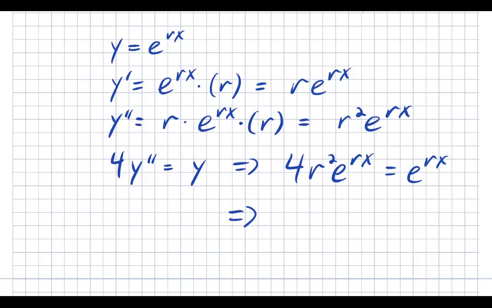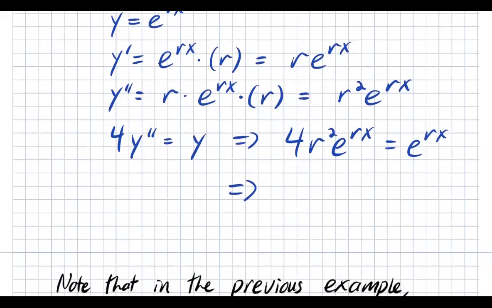So e to the rx is guaranteed to be non-zero, so we can definitely divide by this. This cancels with that, so I'm just going to divide both sides by e to the rx.